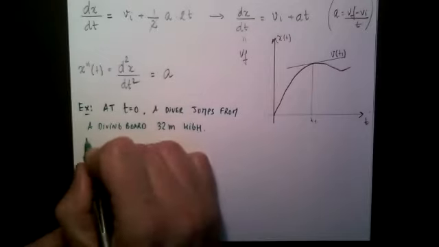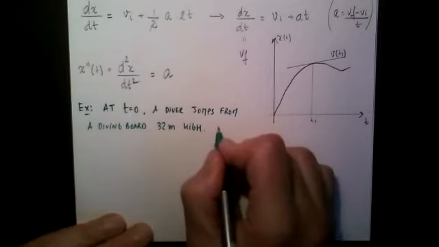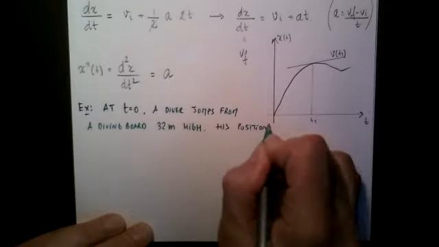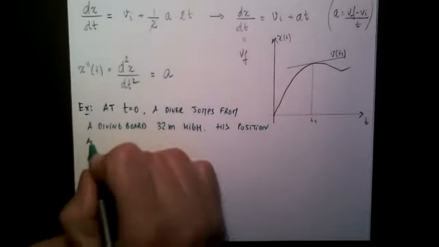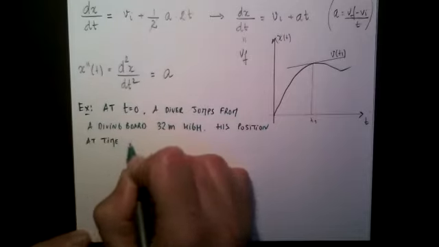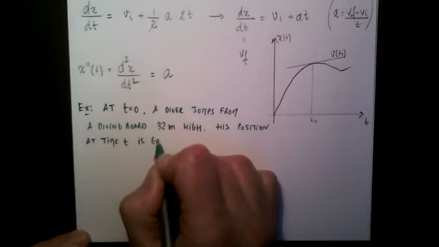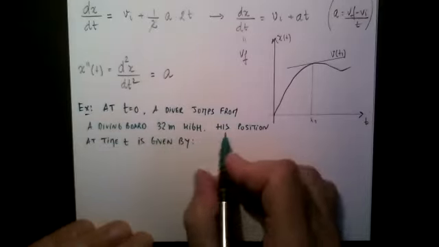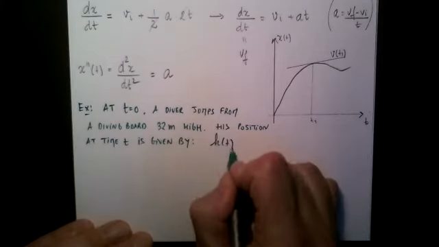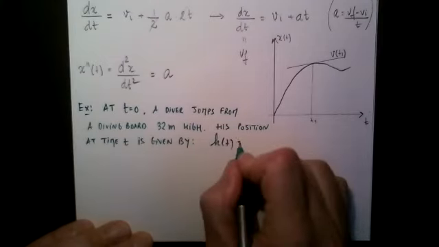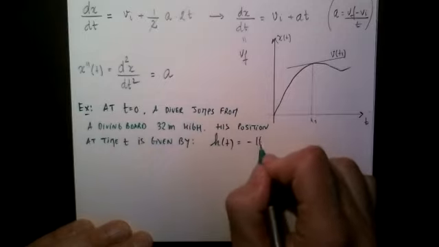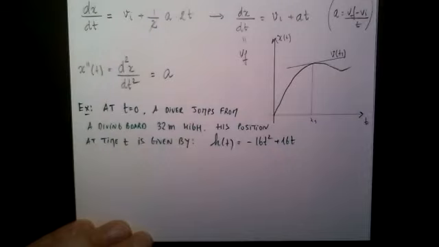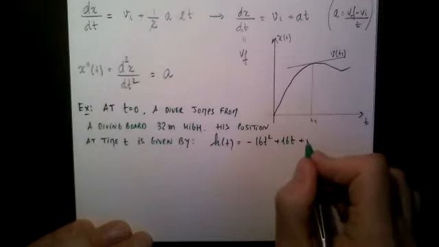His position at time t is given by a formula: h of t, so basically his height, is equal to negative 16t squared plus 16t plus 32.